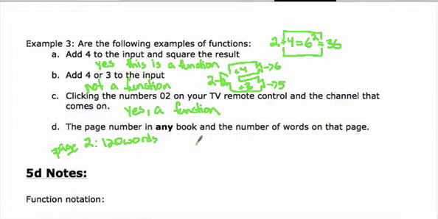And then you went to your social studies book, and you also went to page 2. But on that page, there were 320 words. So for both of these, the input is 2 for the page, but we're getting 2 different outputs here. So this one is not a function.